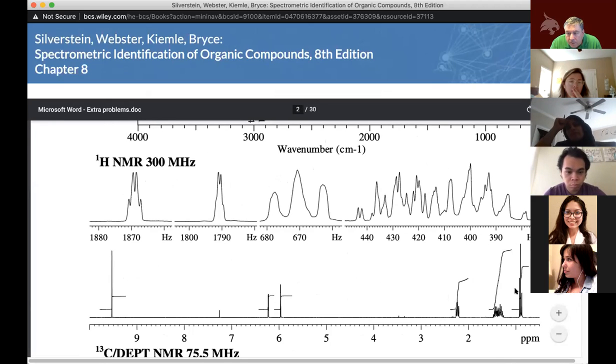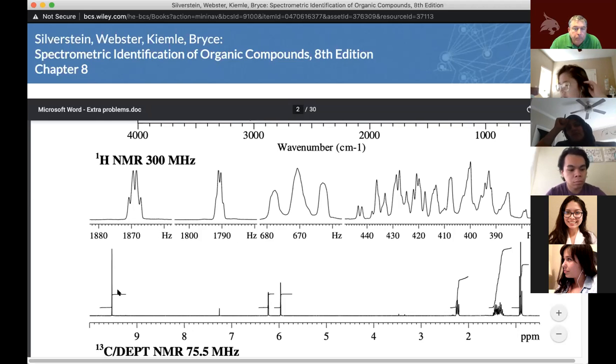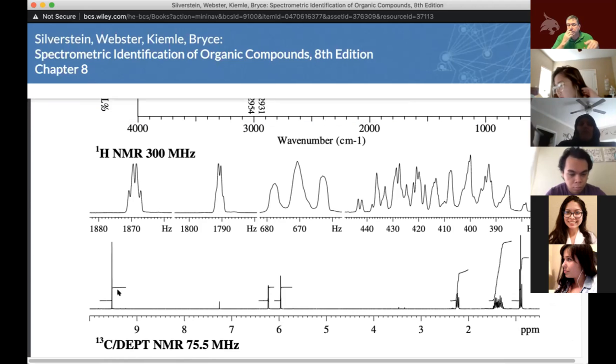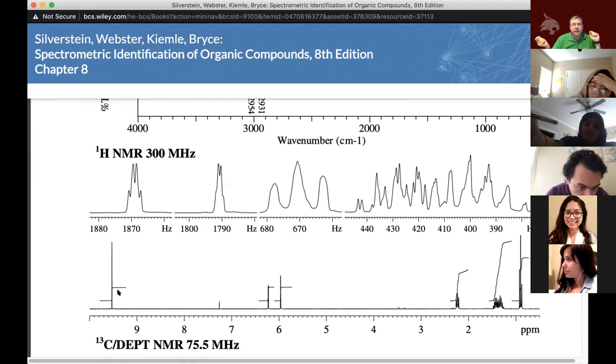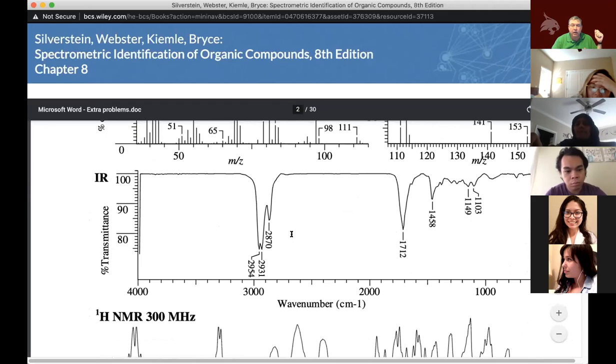That might be 3. So that might be 4. 2, 1, 1, and 1. All right. So what's the peak up above 9? It's a singlet. It's not split. Aldehyde? Probably an aldehyde.